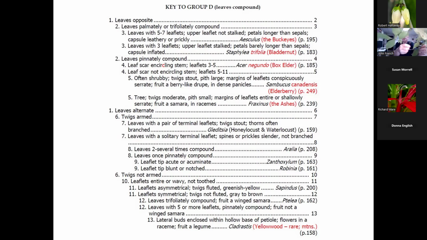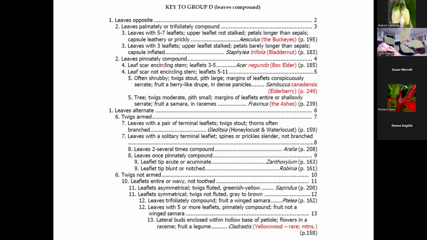We're going to say it's not encircling the stem, and the leaflets are 5 to 11. Then it says often a shrub or shrubby, twig stout, pith large, margin of leaflets conspicuously serrate. That means toothed, of course.